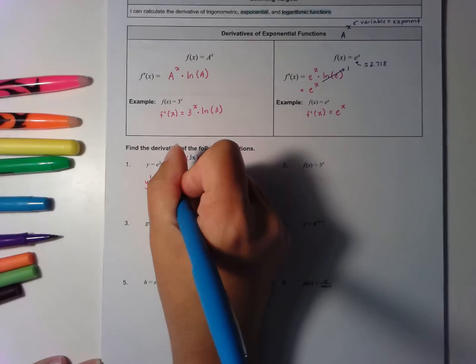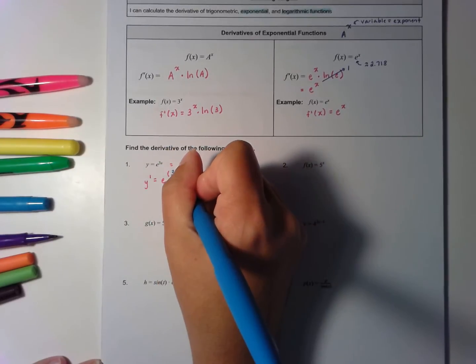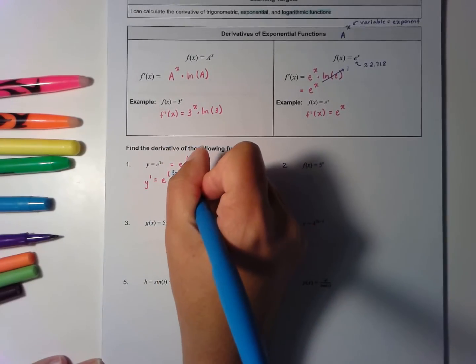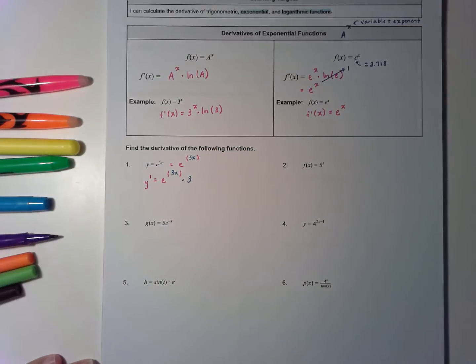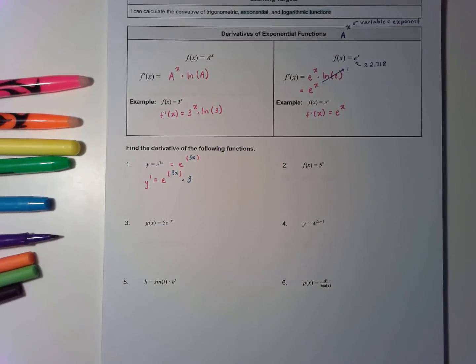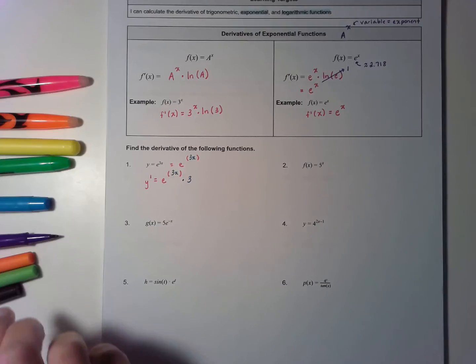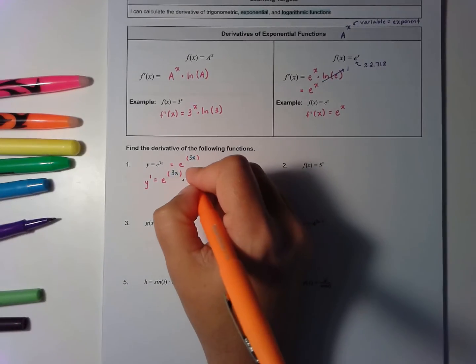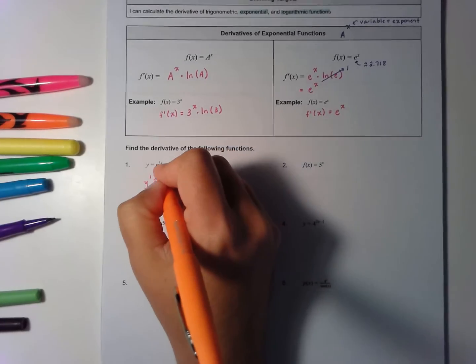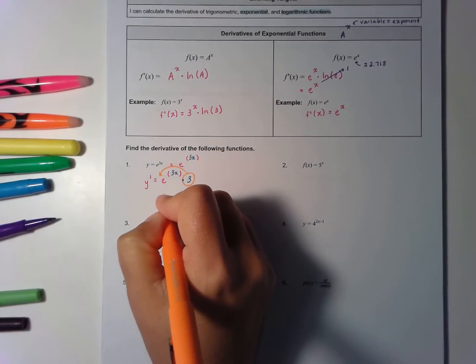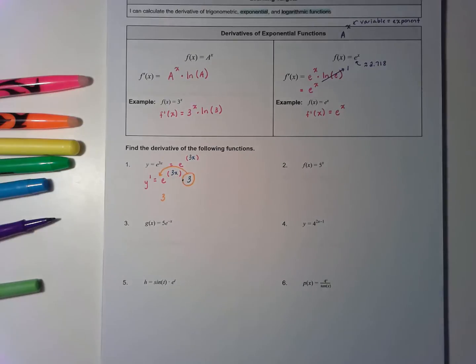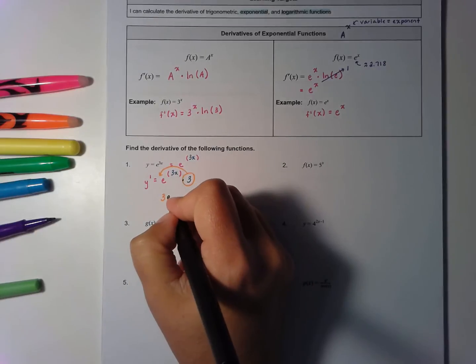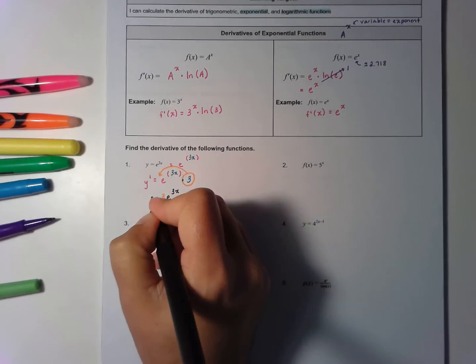We leave the inside alone, and then multiply by the derivative of the inside, which in this case would just be 3. The more common way you're going to see this written as your final answer is with the 3 moved to the beginning like a coefficient, so your answer is just 3 e to the 3x power.